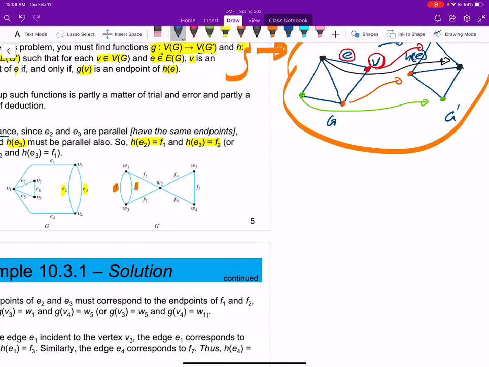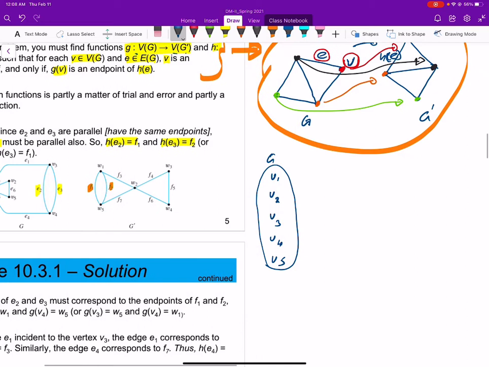It has vertices v1, v2, v3, v4, v5. Those are in the graph G, and in graph G prime you have w1, w2, w3, w4, and w5. Let me rewrite them.